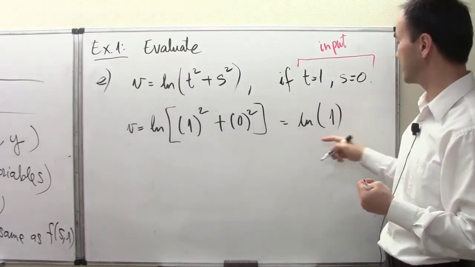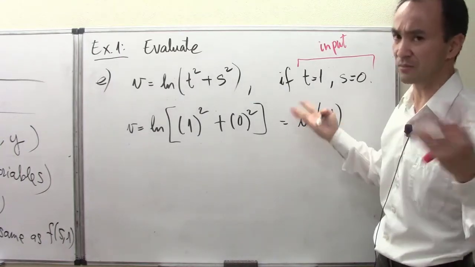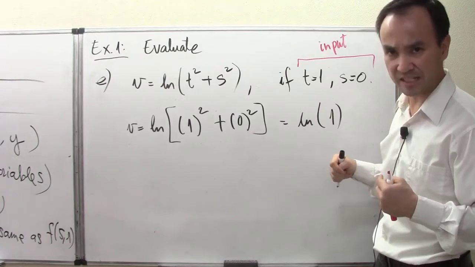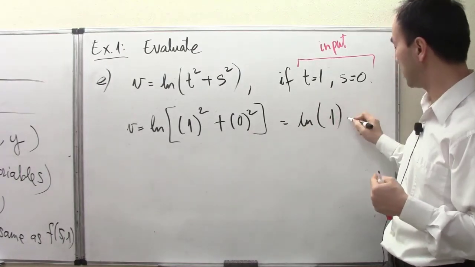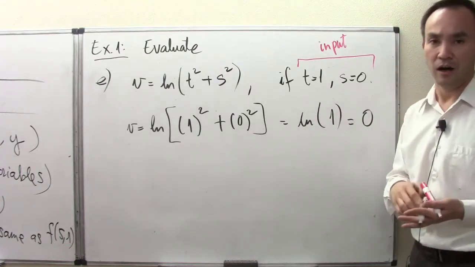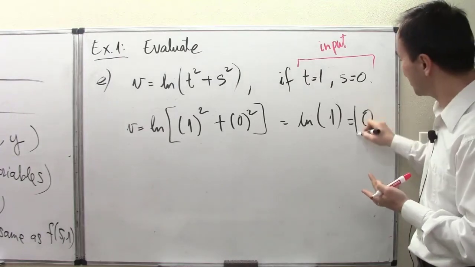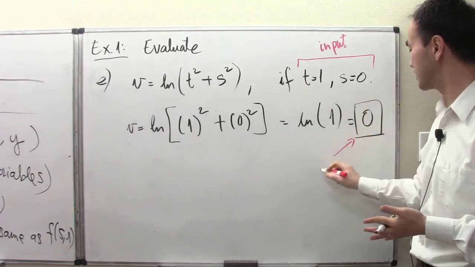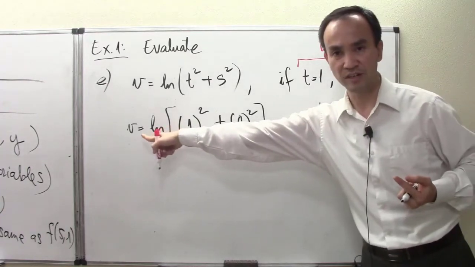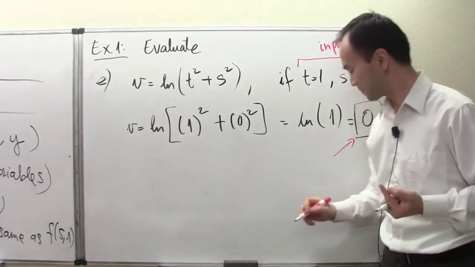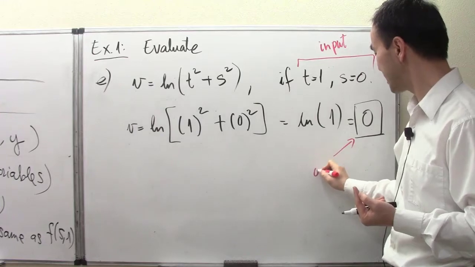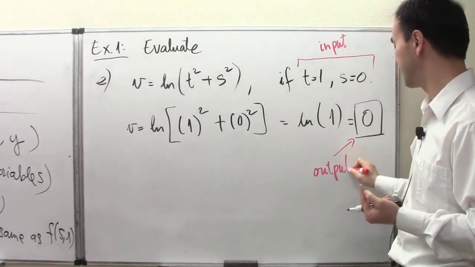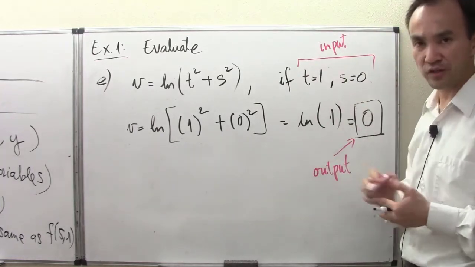Now we learned the logarithm of 1 equals 0, regardless of whatever base that is. So this is going to be in a box right here as my output. This is the value that we have evaluated for V. Okay, so this is output, and the two values here are input.